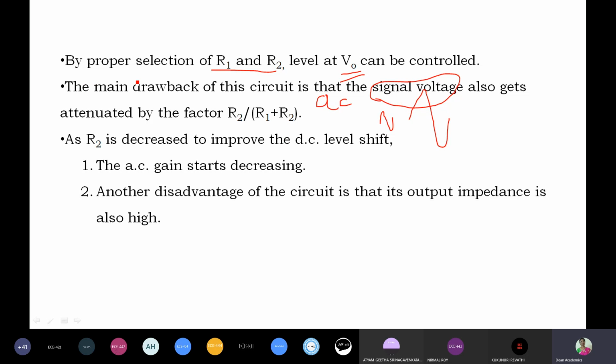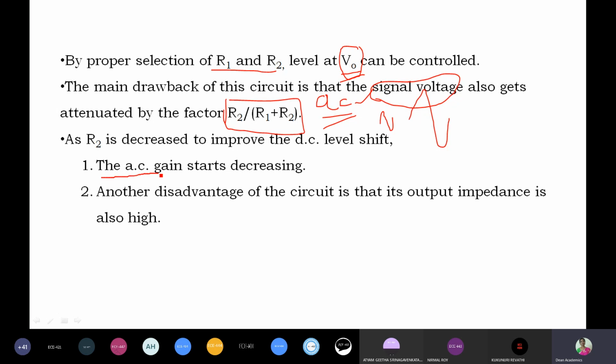So when we are trying to control this V0 by a factor R2 by R1 plus R2, our AC signal also is getting attenuated. That means the AC signal is also getting reduced. So that is one disadvantage.